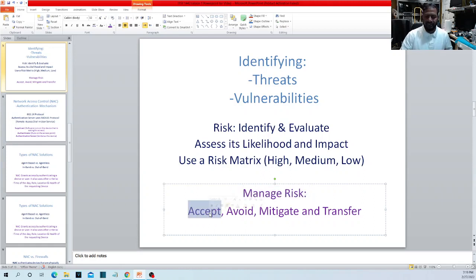Accept the risk, meaning somebody may say that okay, you have 0.000001% possibility of a flooding in this location. Do you want to buy $10,000 a year insurance against the flooding? You say no. I'm going to accept the risk. I'm not going to do anything about it. I take it. If it happens, it happens, because I think that I can handle it. That's called accepting the risk.